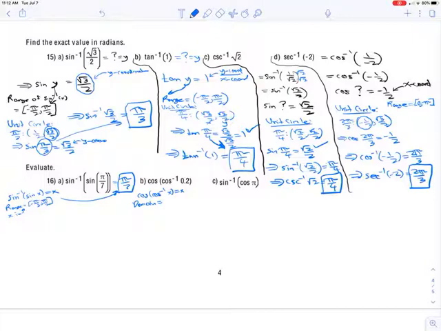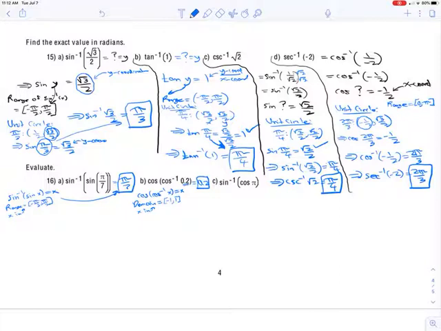We know the domain of cosine inverse is negative 1 to 1. So long as it's between negative 1 and 1, we're okay. So again, there's our domain of cosine inverse and of sine inverse. Between negative 1 and 1, which it is, 0.2 is in there. So this is going to equal 0.2.